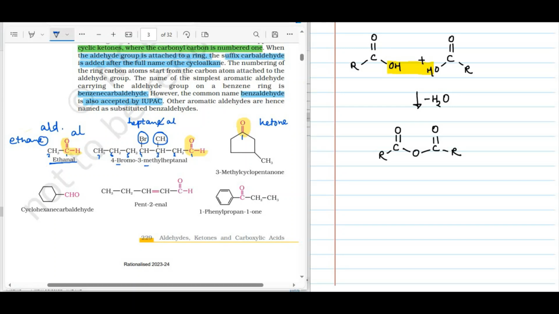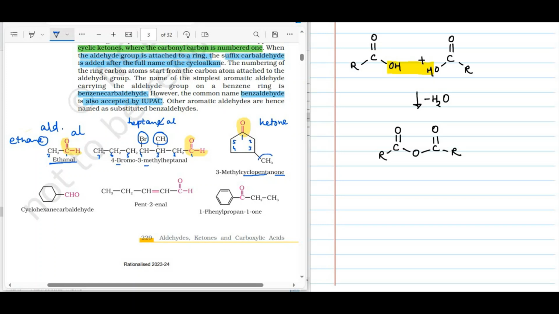So this is 1, 2, 3, 4 and 5. As it contains 5 carbons, the name of the parent alkane will be cyclopentane. And as it is a ketone, you have to replace E with ONE. So the parent name will be cyclopentanone.